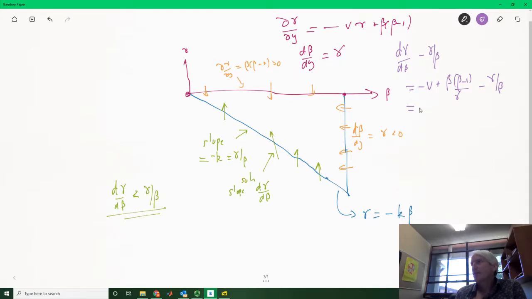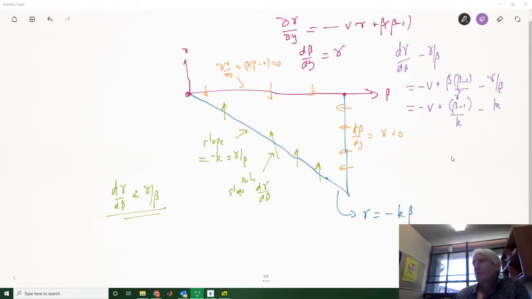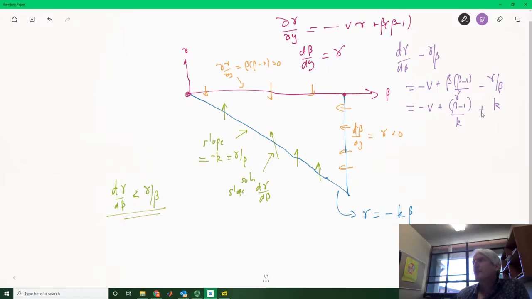So this is going to be minus v plus (β minus 1) over k minus k. Got a few sign errors here, haven't I? Because there's a minus here, so that's going to become a plus.